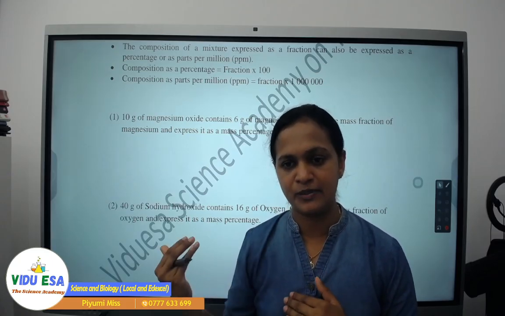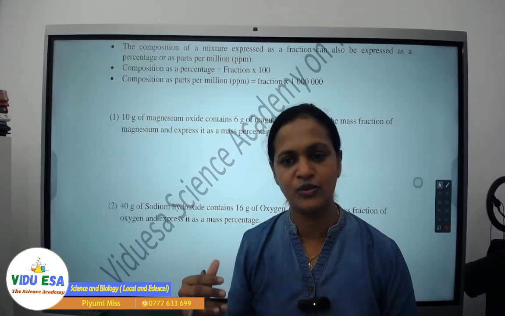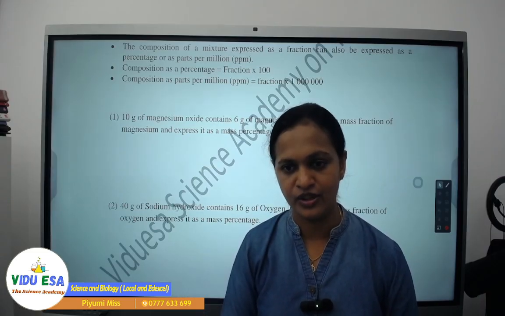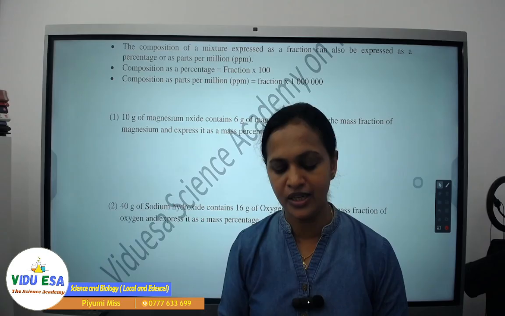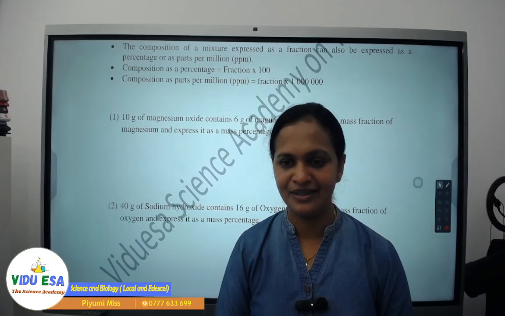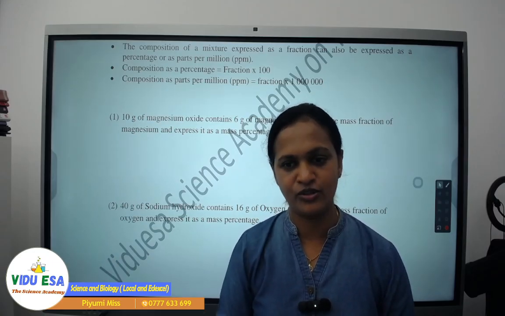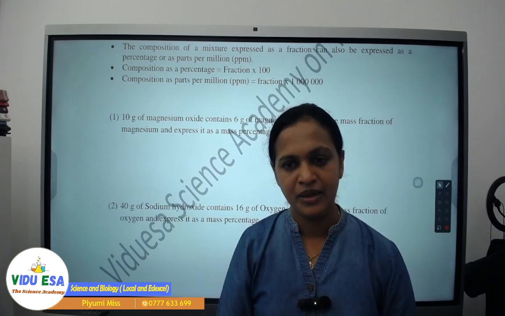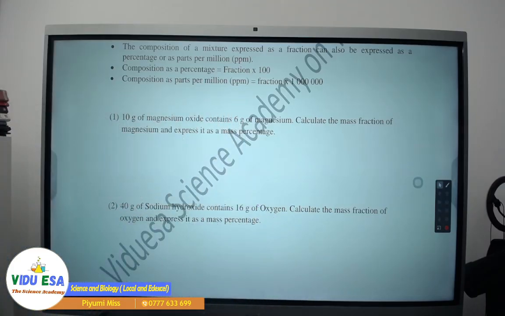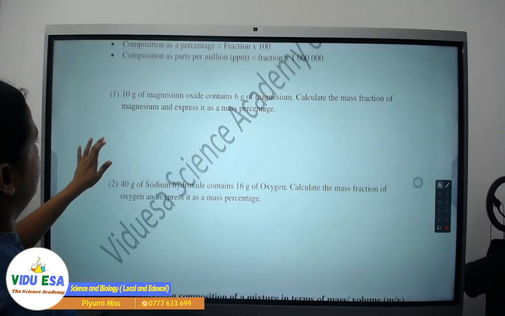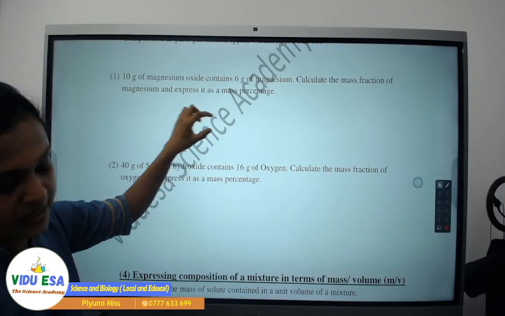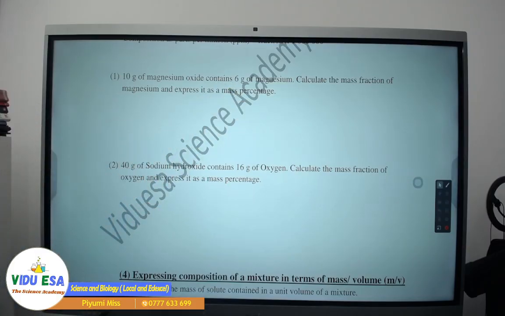So if we express it as a percentage, that will be a small value. Therefore, we use the unit parts per million. So if we take a million parts of water, how many parts of the heavy metal are available? So the fraction is multiplied by million, 10 to the power 6, for that. Okay. Do these two calculations. So first take the fraction and then multiply by 100 to get the percentage.